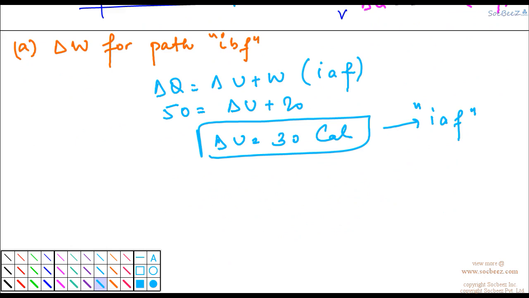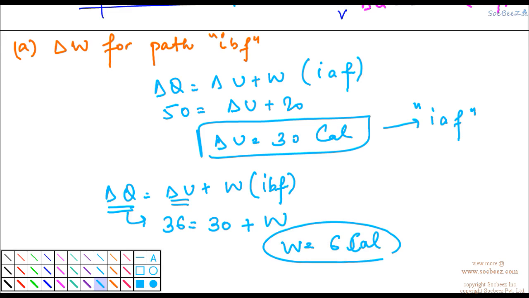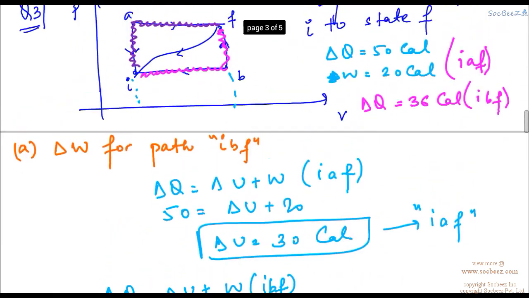Okay, so if you go by the IBF process, delta Q is equal to delta U plus W for IBF as well. For IBF, you know that delta Q is 36 and the internal energy change would be the same as for IAF, so 36 equals 30 plus work. So work is nothing but 6 calories that you had to do going by the IBF process.